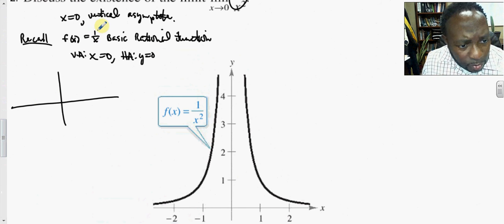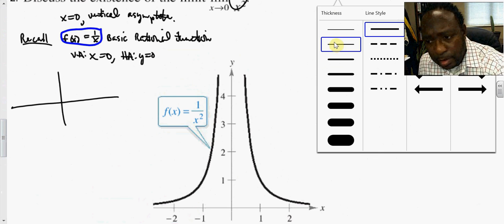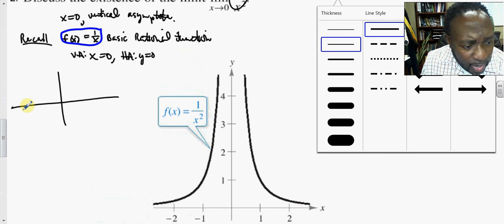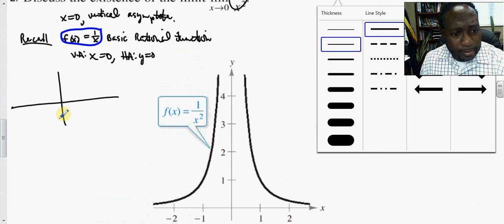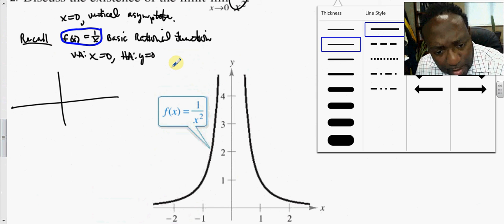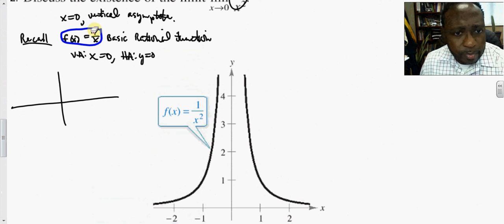And so for the basic function, when x travels from the left it wants to cross the asymptotes, but it can't.